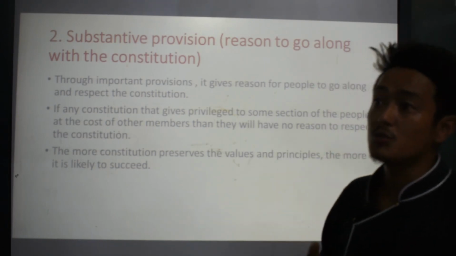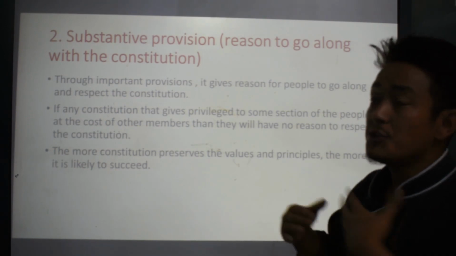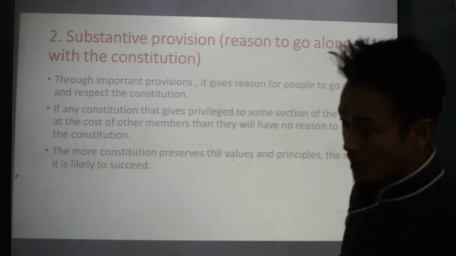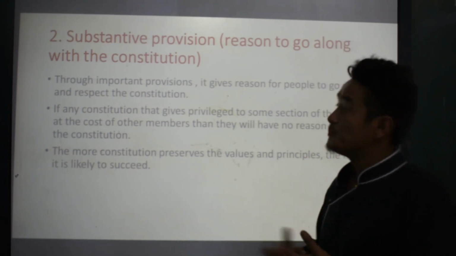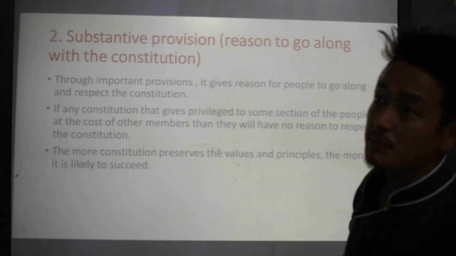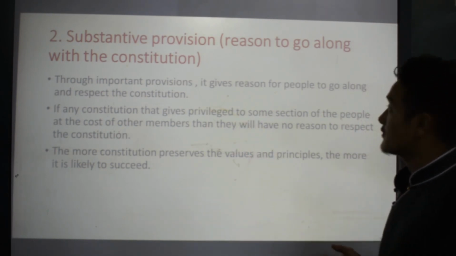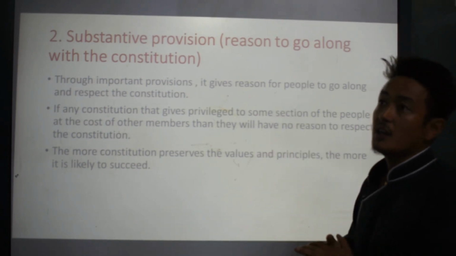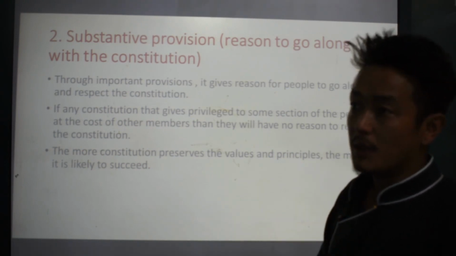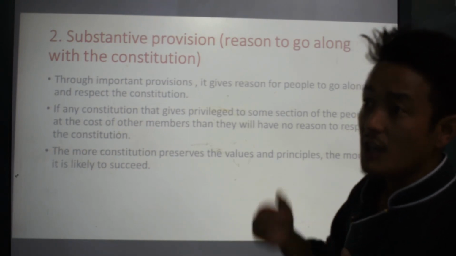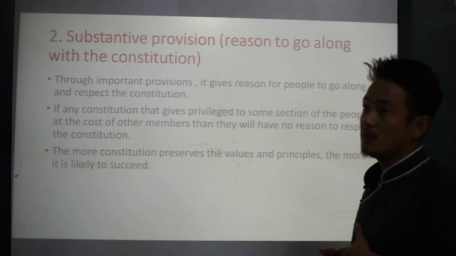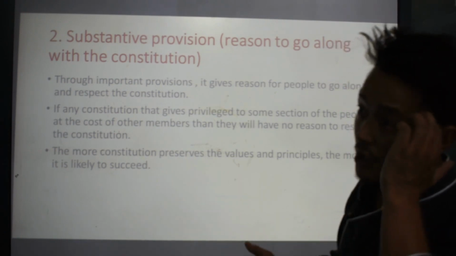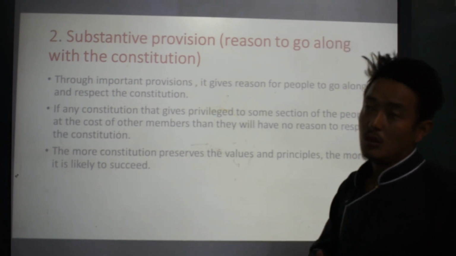So it is very necessary to introduce certain provisions which will benefit most sections of the people to get respect and legitimacy for the constitution. All right. So, in short, in order to have an effective constitution, it also has to make sure to benefit most of the people, to get the support of the people, right?